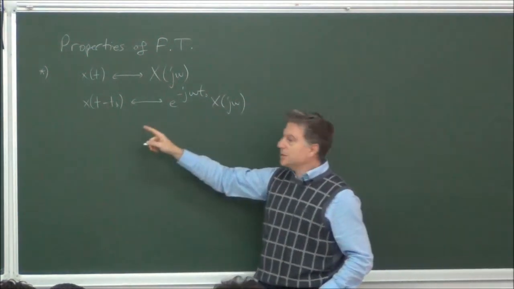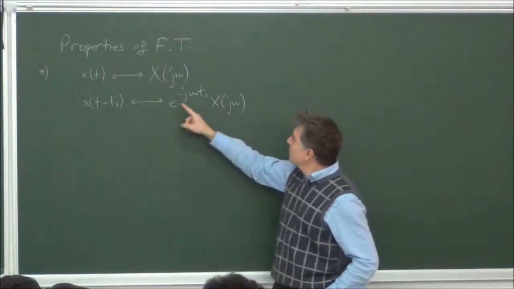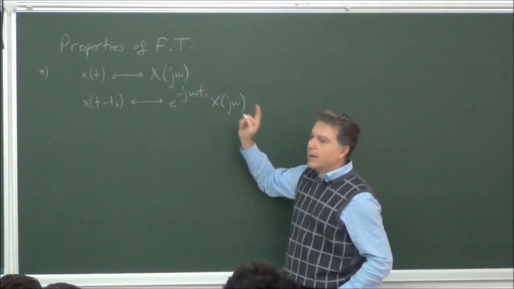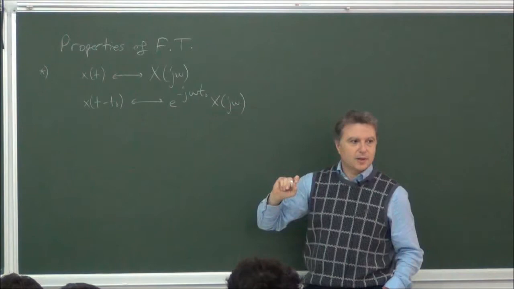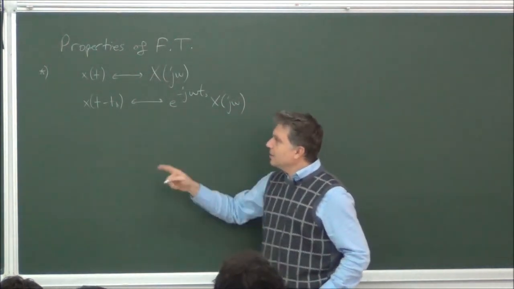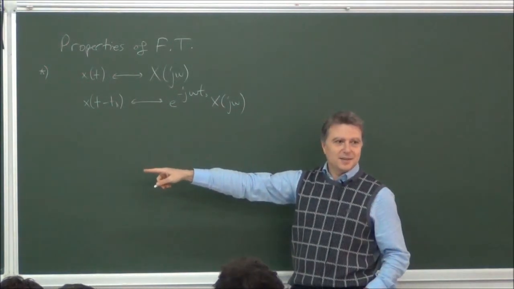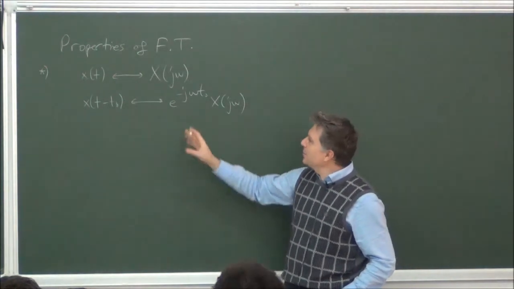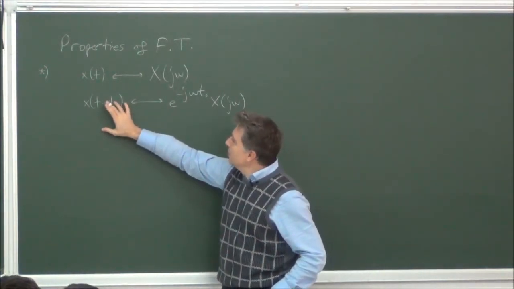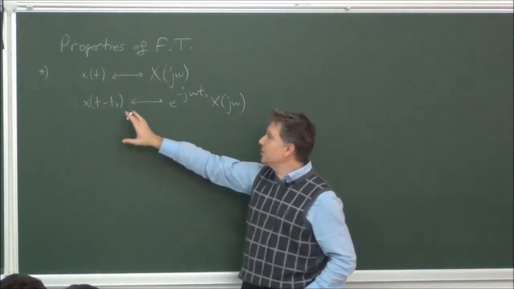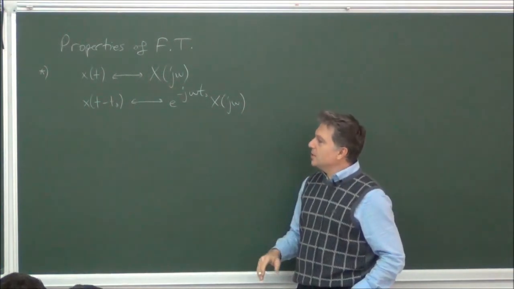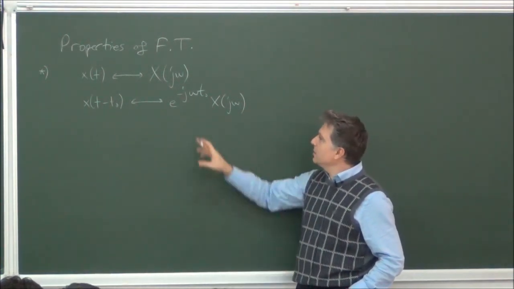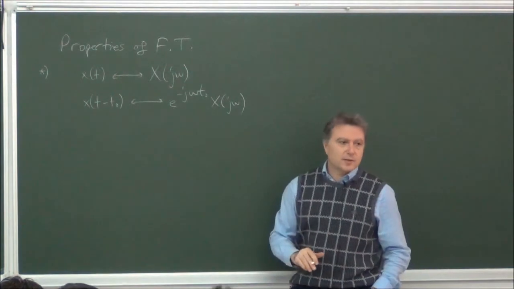So in the question, this t0 was 1, therefore we had e to the minus j omega times x of j omega. Okay. And the proof was already there. You just need to apply a shift amount of t0, and by changing the variables inside the integration, you will easily obtain this.